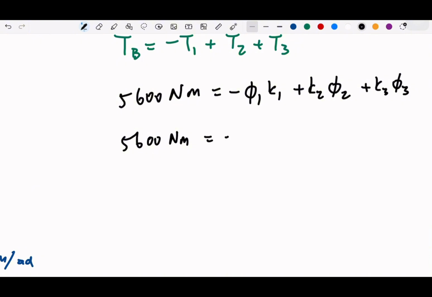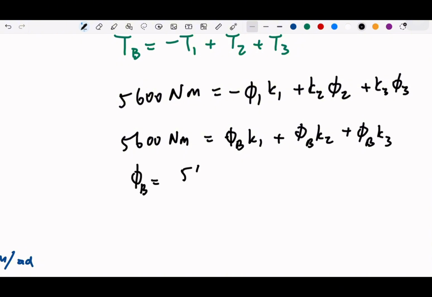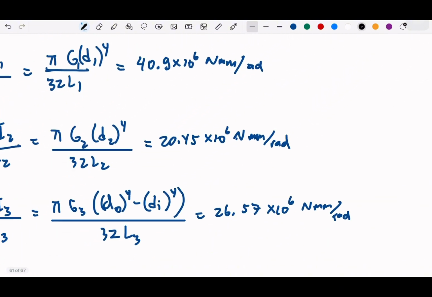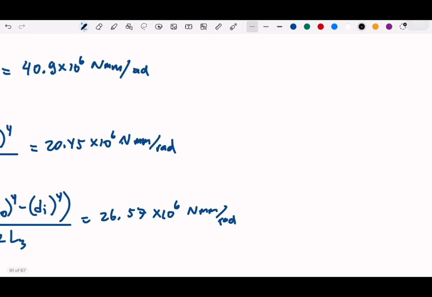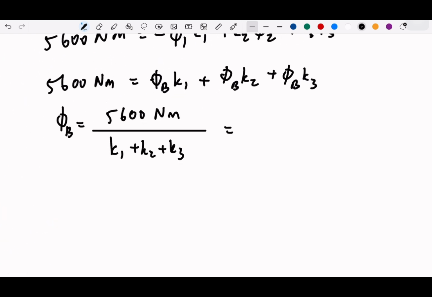So this will be, because it's negative, so we have a positive. Okay. And then we can compute the phi B is 5,600 over K1 plus K2 plus K3. All this K1, K2, K3 we have from here, substitute and then compute, and we get the twist angle B, which is 0.06369 radian.